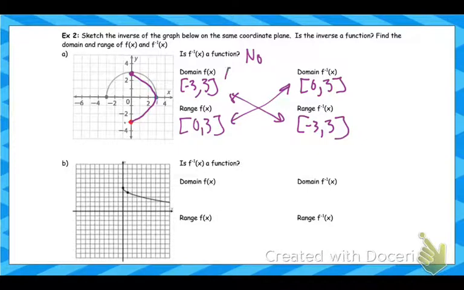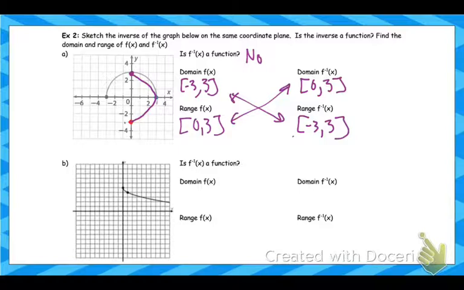Domain is the x's, and if we're flipping the x's and y's to find the inverse, then the domain becomes the range, and the same thing the other way. The range and the domain are flipped between the inverse and the original function. That's going to be important later on when we start looking at inverses for square root and quadratics. All right, go ahead, pause the video, try the next one, and find the inverse by flipping the x's and y's.